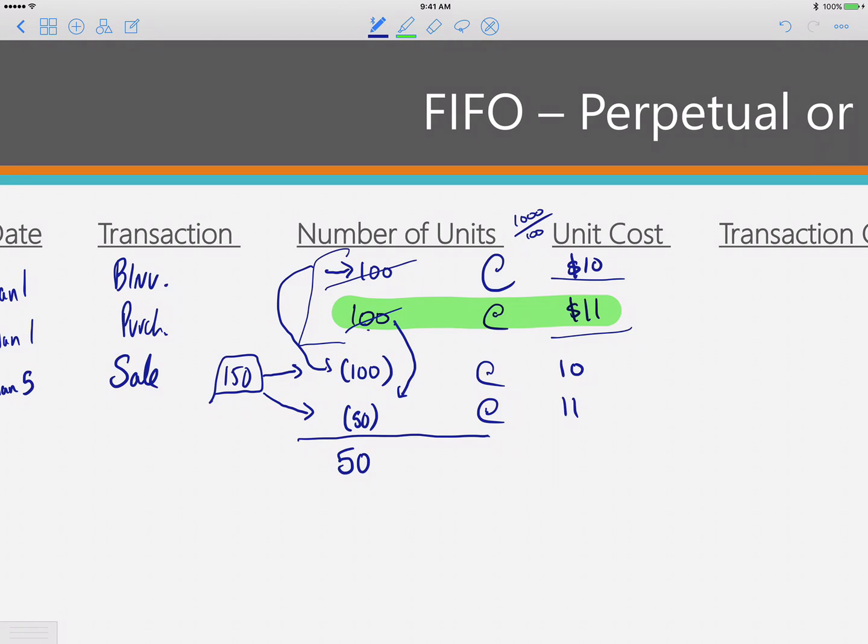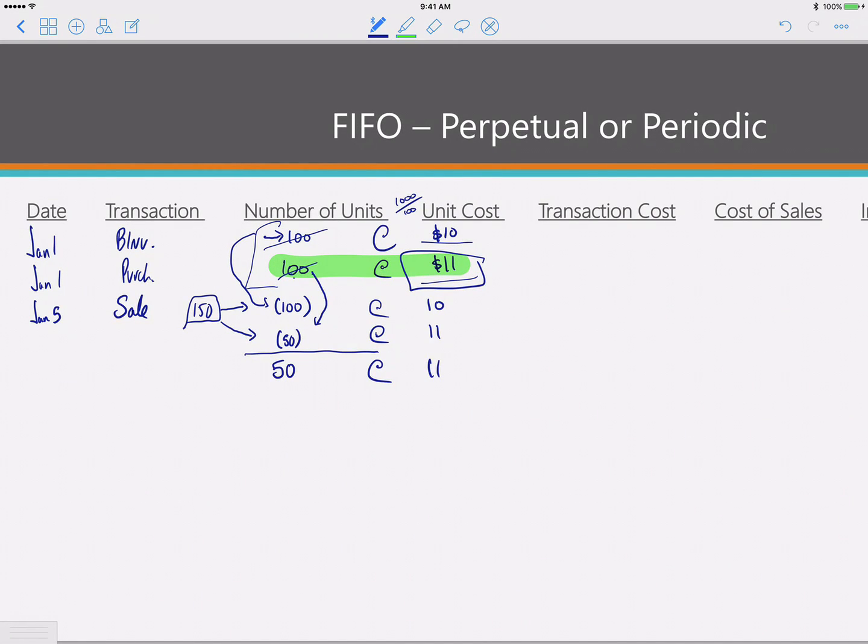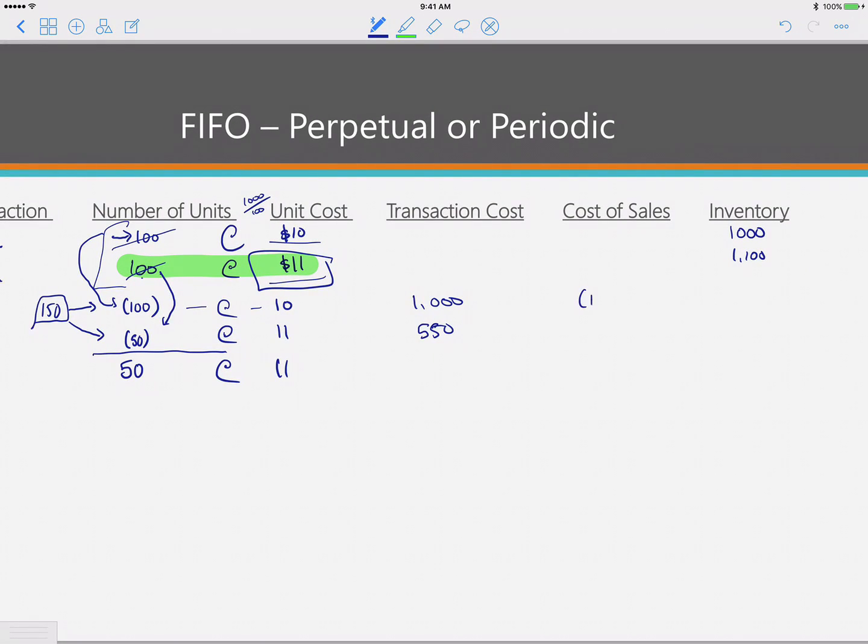So we still have 50 units remaining at $11 because we want to keep track of what we have at all times. Now we're going to multiply and figure out what these transactions cost us. 100 times 10 gives us a transaction cost of 1,000, and 50 times 11 gives us a transaction cost of 550. And these are going to go into our cost of sales.